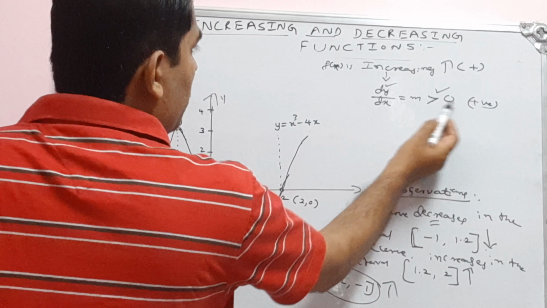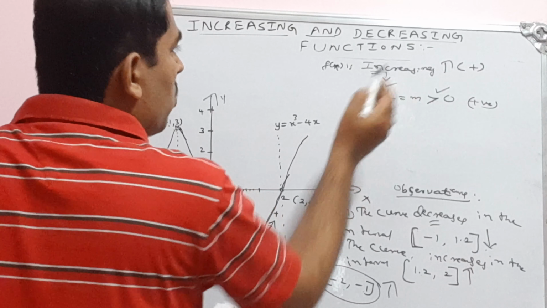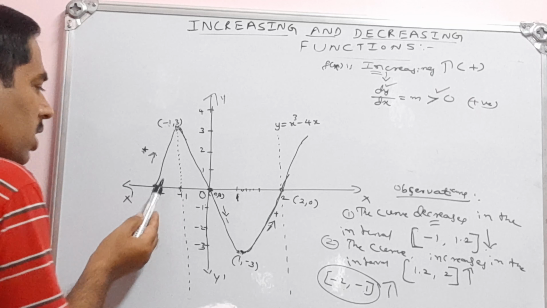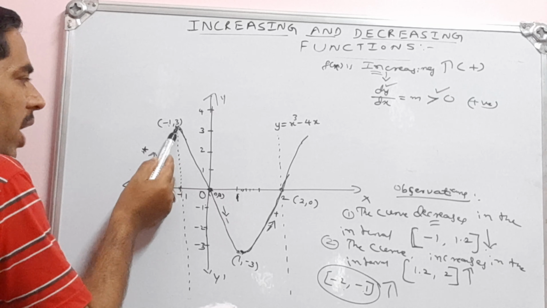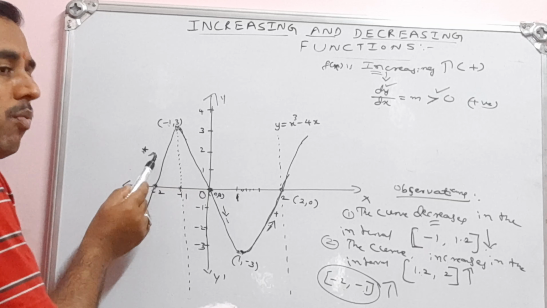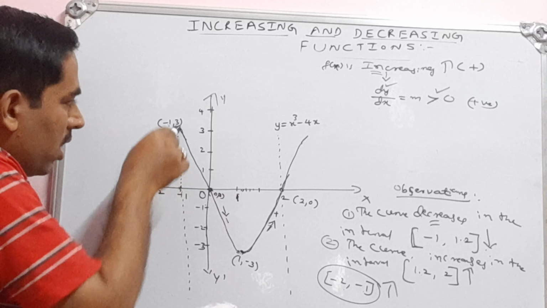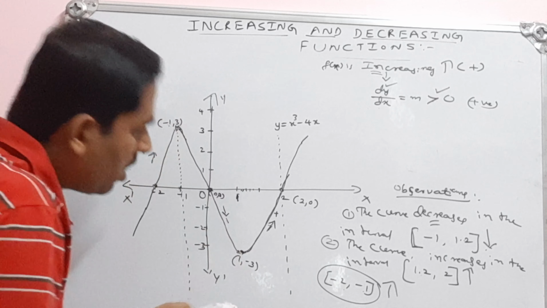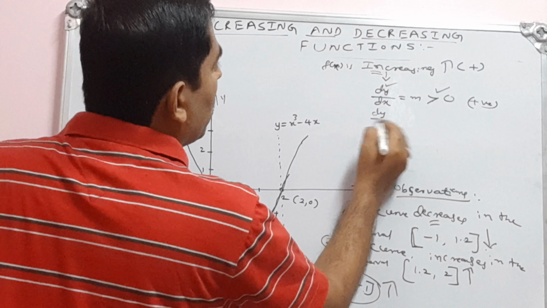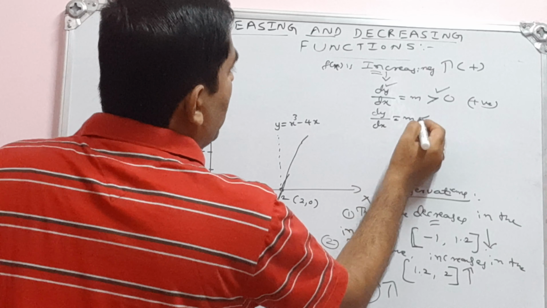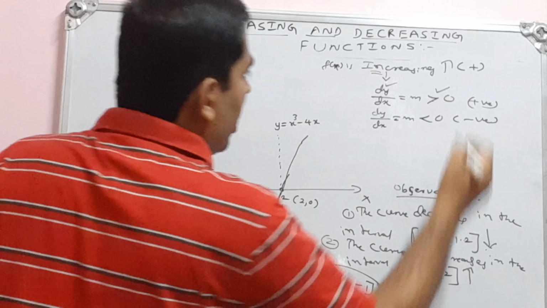So if the slope is positive, then the function is what? Increasing. From this point to this point it is increasing, so the slope will be positive. Then from this point to this point it is decreasing, so the slope of the tangent, that is the derivative, is negative.